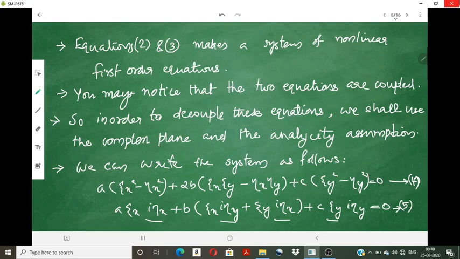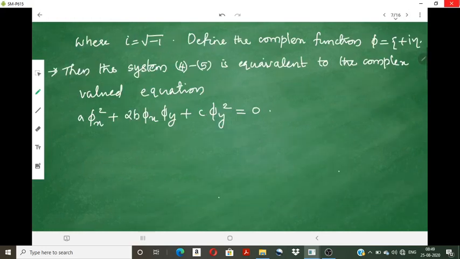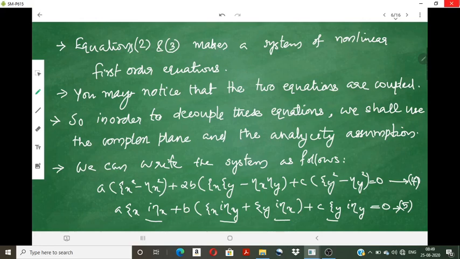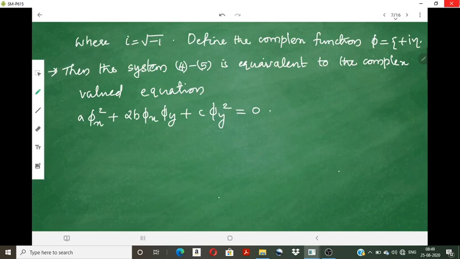The system 2 and 3 is changed into equations 4 and 5, where I is equal to root of minus 1. In order to solve this, we define a new complex function phi as theta plus I eta.